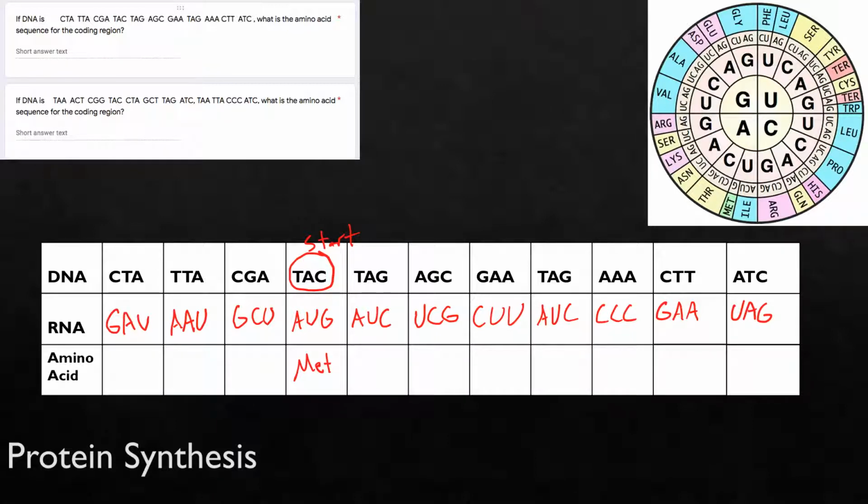So our next one would be AUC, and we use our amino acid wheel up here. AUC is ILE.